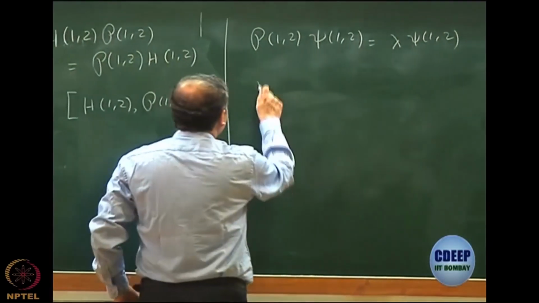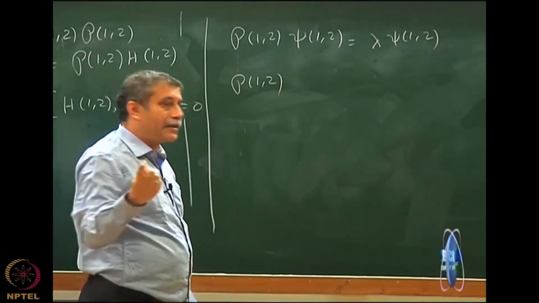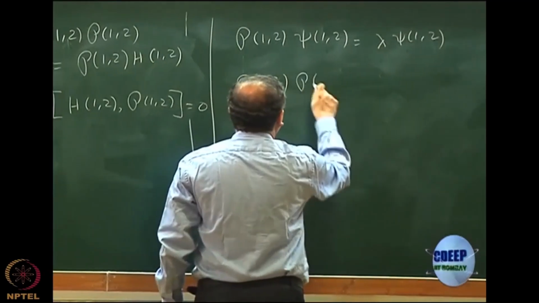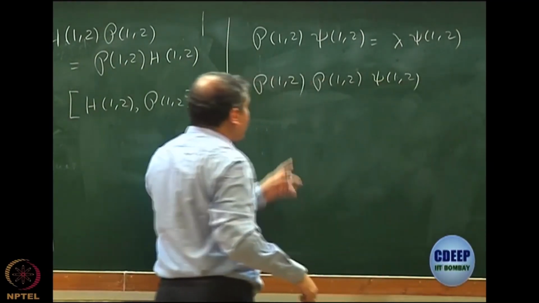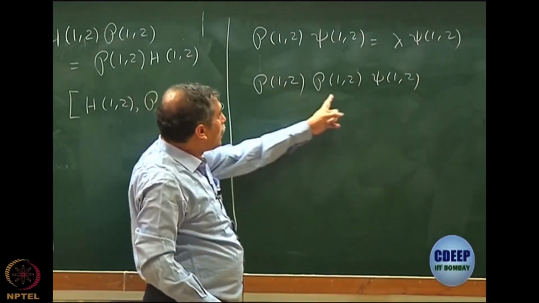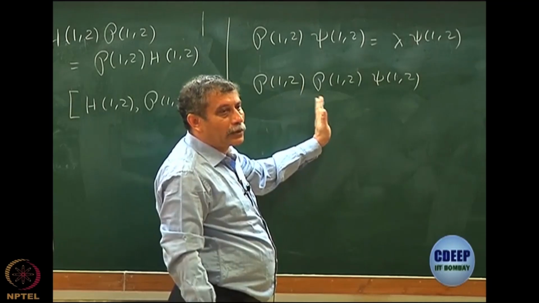To analyze this, let us apply exactly like we did for the parity operator: apply this operator twice. So, let us analyze this equation, P12 acting on psi12 and another P12 acting from the left. What will it give?